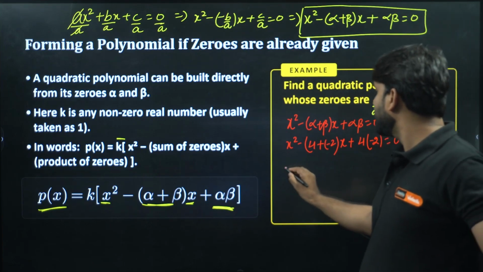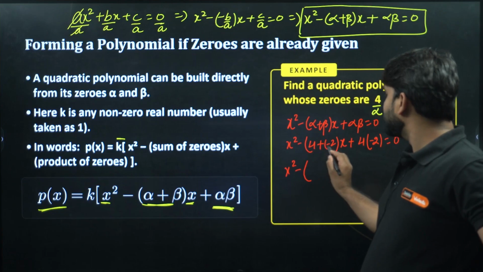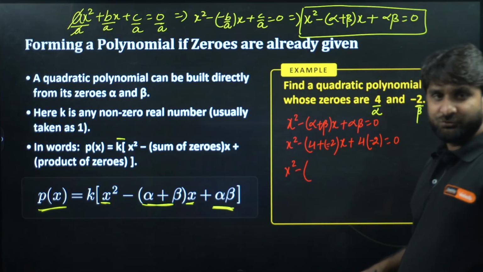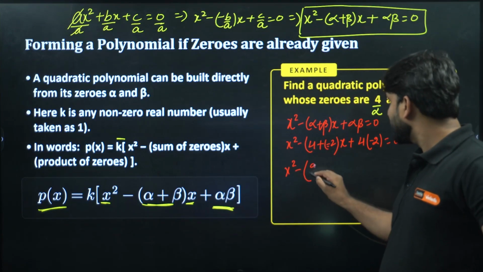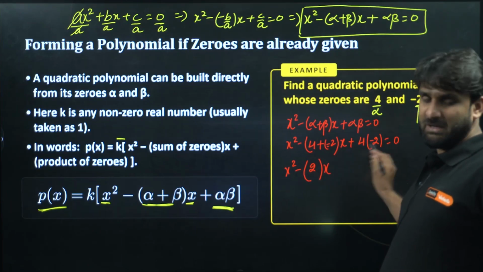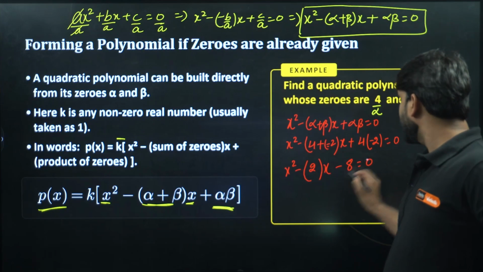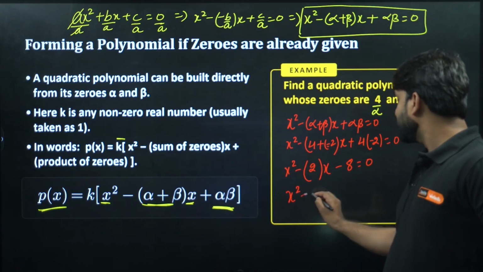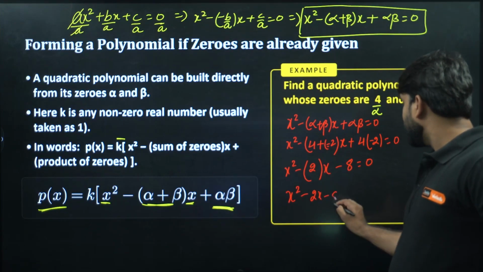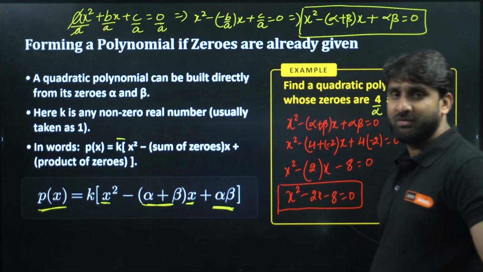Now solve this. 4 minus 2 is 2, so this is 2 here. And this is 4 into minus 2, which is minus 8. Is equal to 0. So the required equation is x square minus 2x minus 8 is equal to 0. And this is our answer.